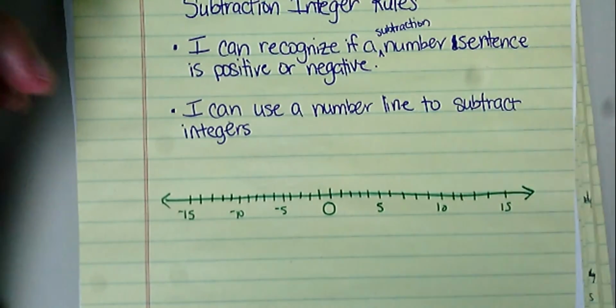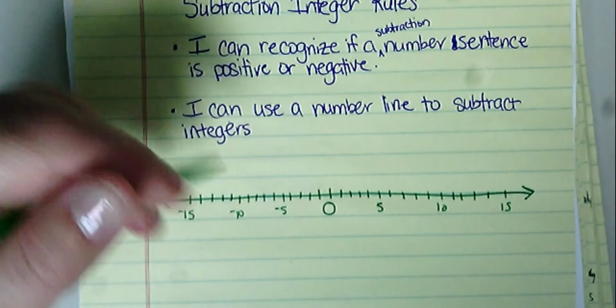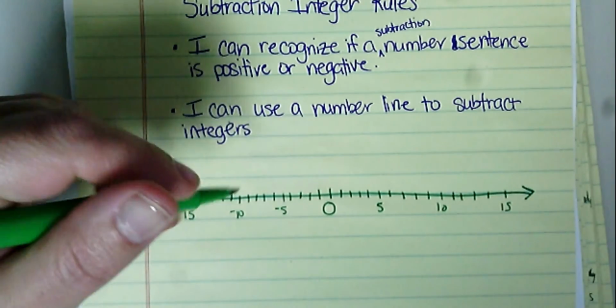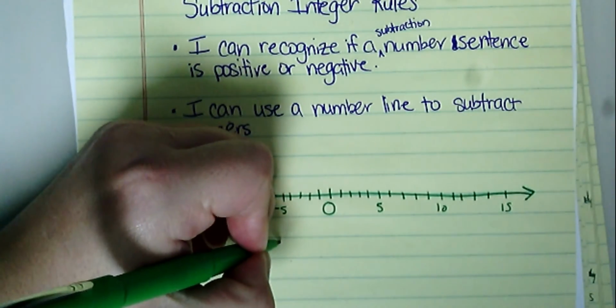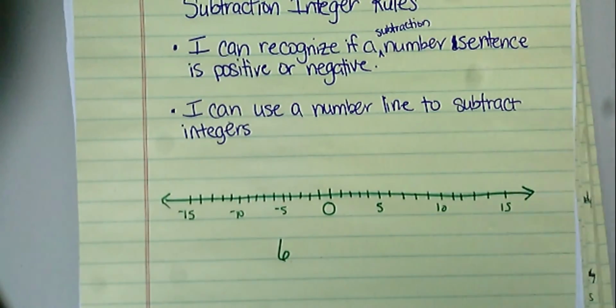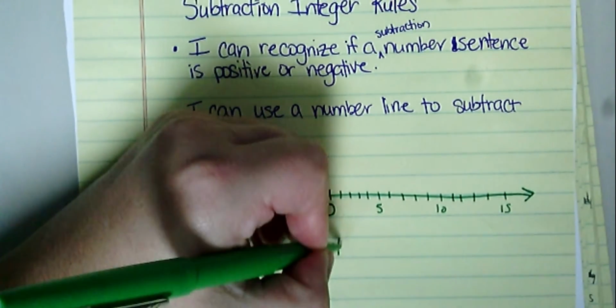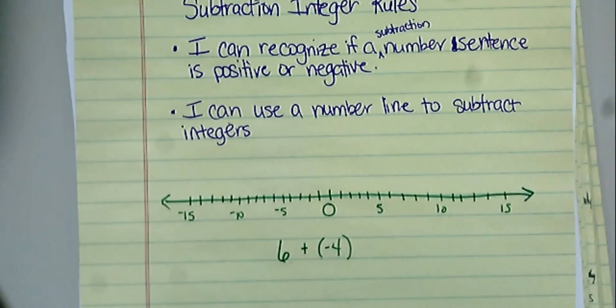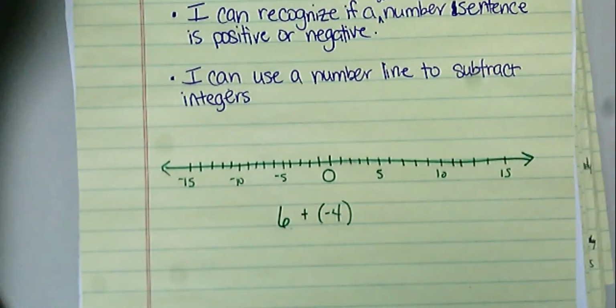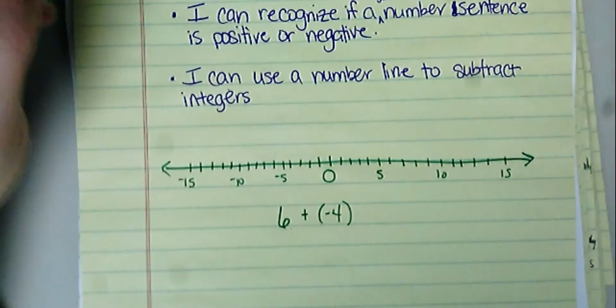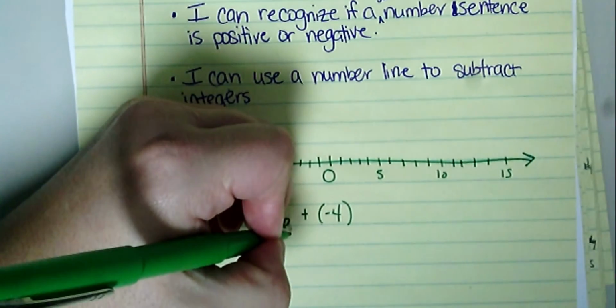Okay, so we talked about earlier that if we have the number 6 and we add negative 4, we would add that on the number line. Well, with subtracting, and I hinted at this in the last video, sometimes you see it like this.